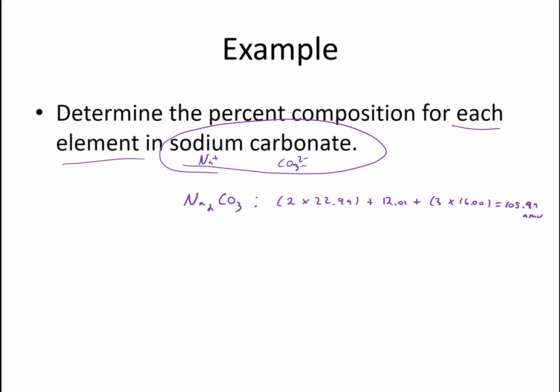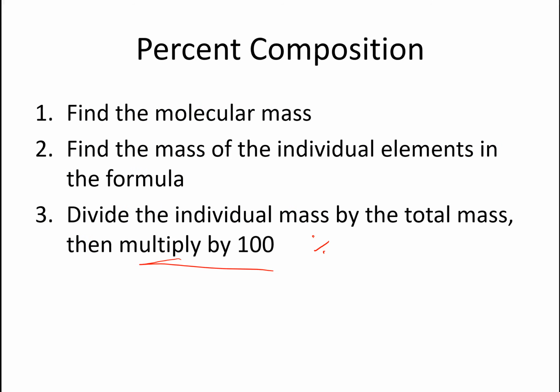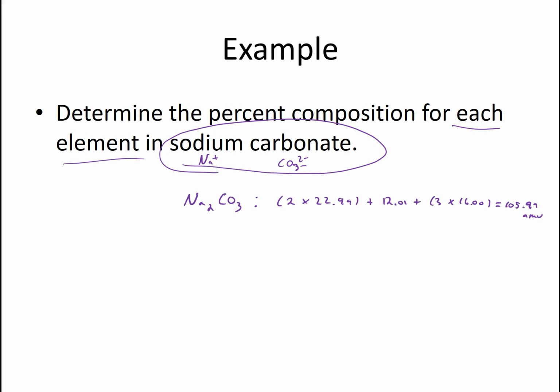Now, to determine my percent composition, if you remember, I need to then find the mass of the individual elements in the formula. I have 3 elements. I have sodium, I have carbon, and I have oxygen. If I want to determine my percent that is sodium, I'm going to go 2 times 22.99.